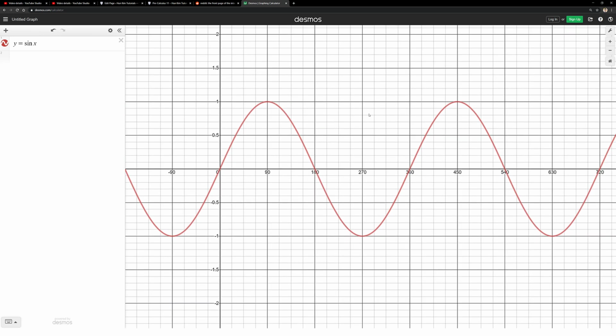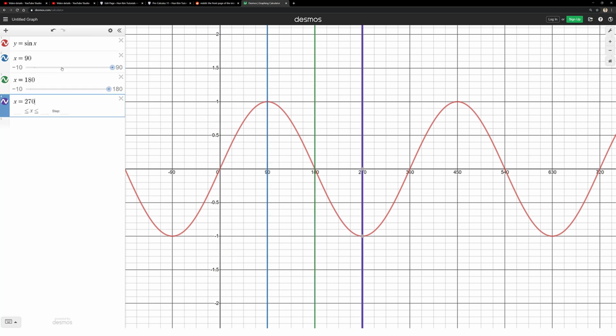And what I want to do here is to just divide these angles up into 4 sections, 4 quadrants. X equals 90, X equals 180, X equals 270, and X equals 360. So these are vertical lines, and I want you to really concentrate on sine, the sine function.